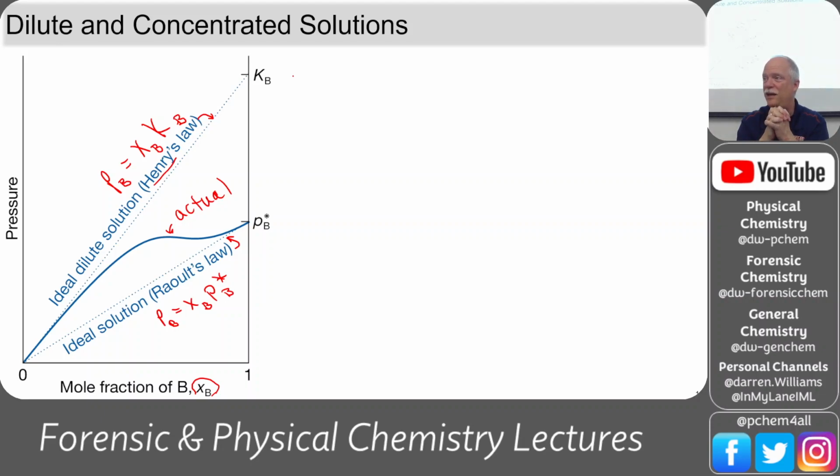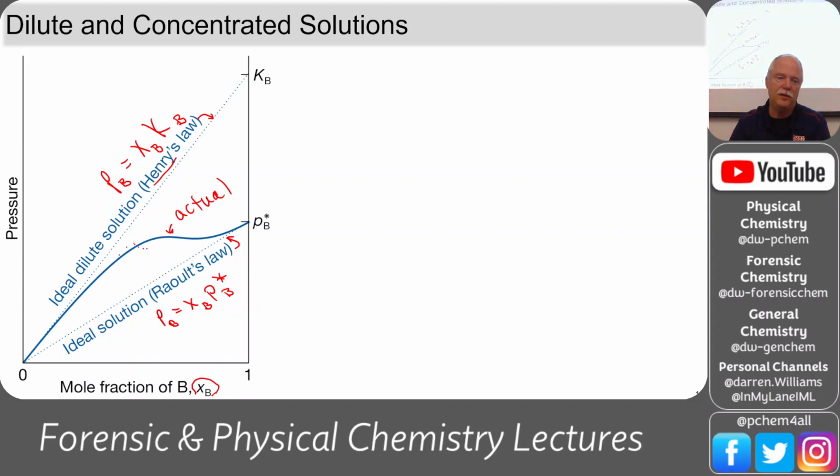That's a pain. If I have chloroform in water, there's going to be a KB for chloroform when it's in water. And if I have chloroform in ethanol, there'll be a KB for chloroform in ethanol, and one for ethanol in chloroform. So each substance has its own KBs as it behaves in another substance.